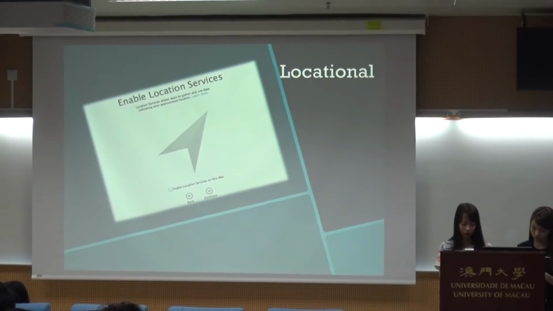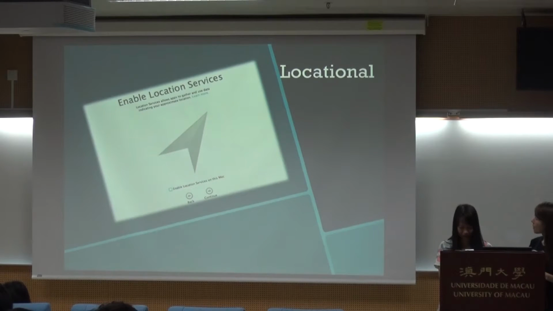The next is locational. As location tracking capability of mobile devices is increasing, problems related to user privacy arise. Location data is indeed among the most sensitive data currently being collected.